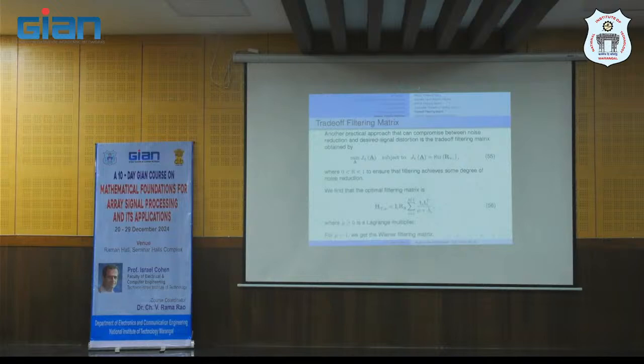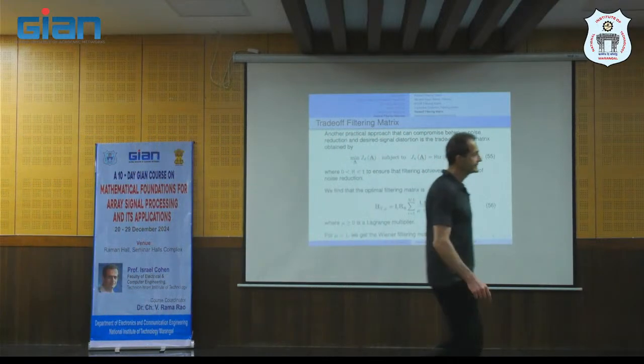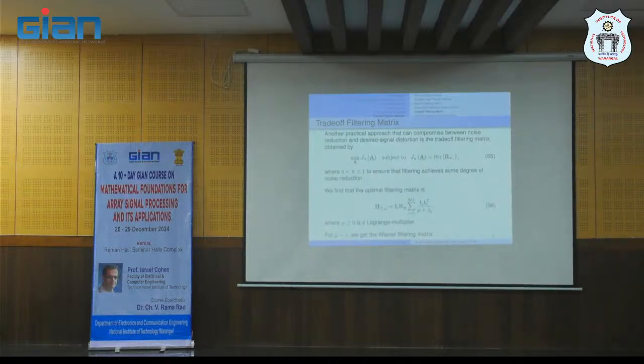So the trade-off filtering matrix, see, we try to minimize using a Lagrange multiplier, and we get this formula. So using this formula, how does it compare to the Wiener filtering matrix? Simply, instead of 1, we have here mu.